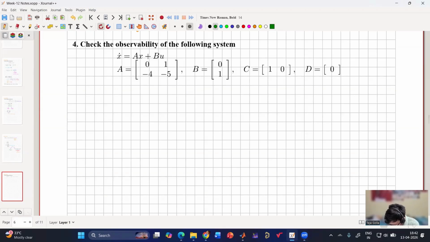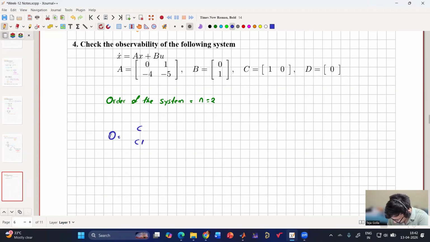So my observability matrix will become C as well as CA.